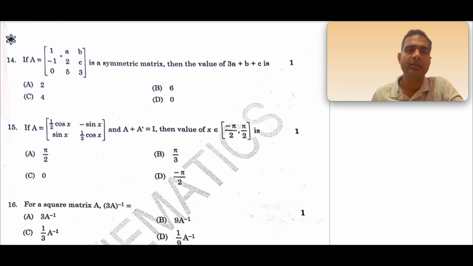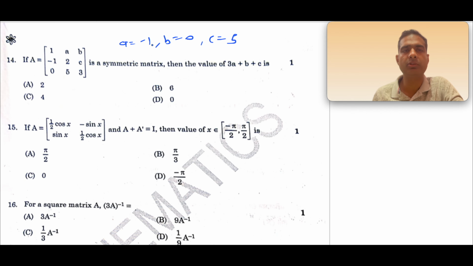So for that, A should be equal to minus 1 and B should be equal to 0 and C should be equal to 5. Because when I will be changing rows to the columns, then A will come in place of minus 1. So it should look same.